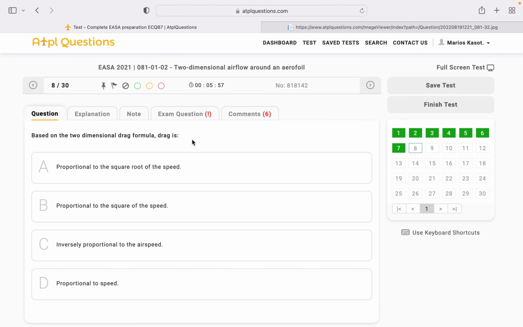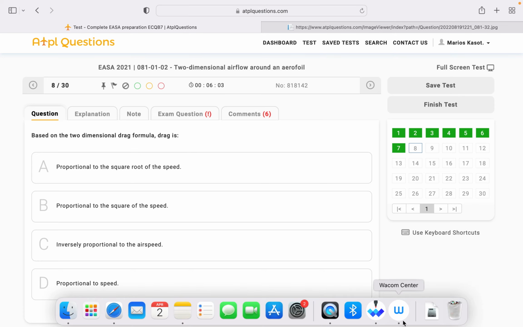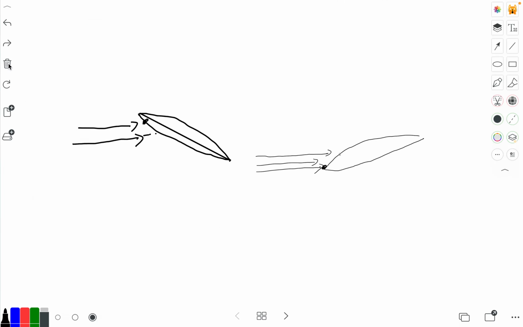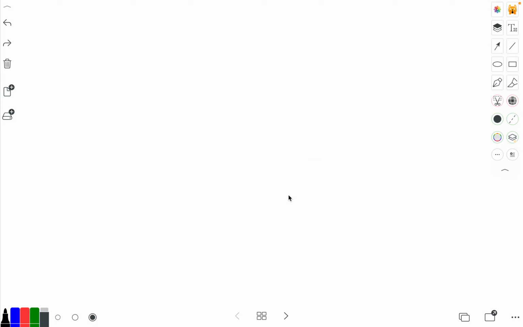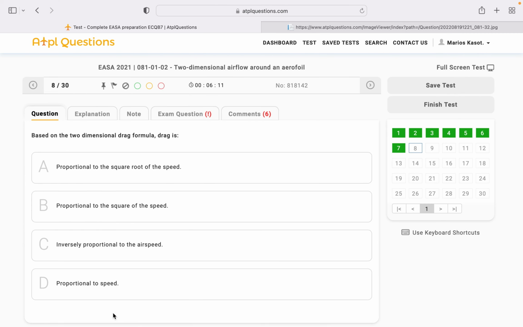Based on the two-dimensional drag formula, drag is, let's draw the formula of drag: one half rho V squared S coefficient of drag. So proportional to the square root of the speed, of course.